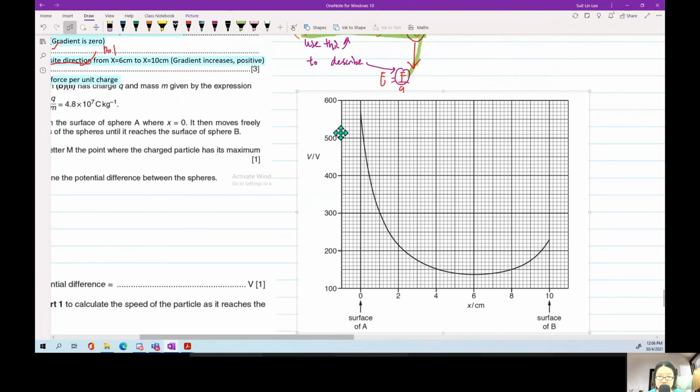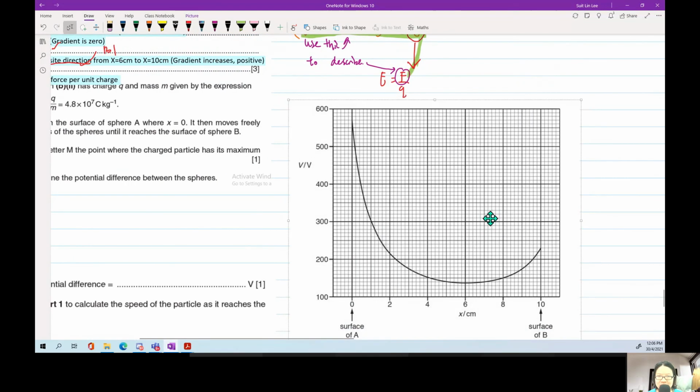One thing about this potential gradient, and why we like potential so much, is that if there's a positive charge, which we have now, this positive charge is going to travel along this curved surface very much like a ball on a curved track. The ball will have the most mg downwards here because it's almost vertical. When the ball is here, the mg is less. The component of mg pulling the ball down the inclined plane will be smaller and smaller. Does that make sense?